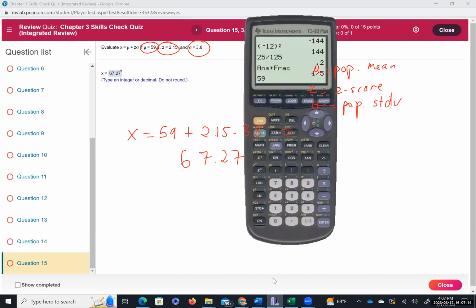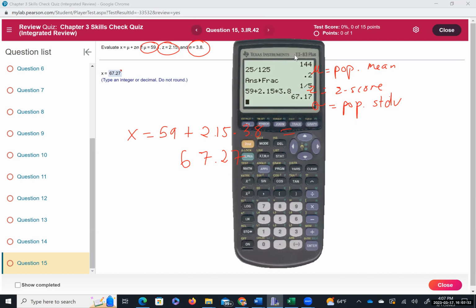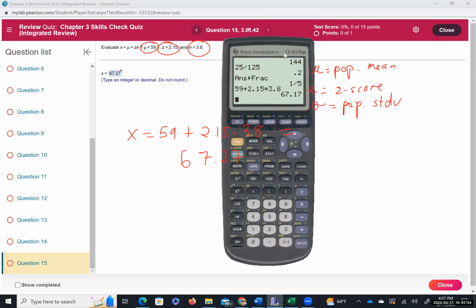59 plus 2.15 times 3.8. Enter. Wait, did I do something wrong? I didn't do anything wrong. 2.15, 3.8.